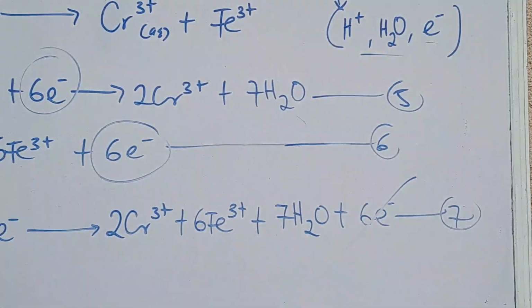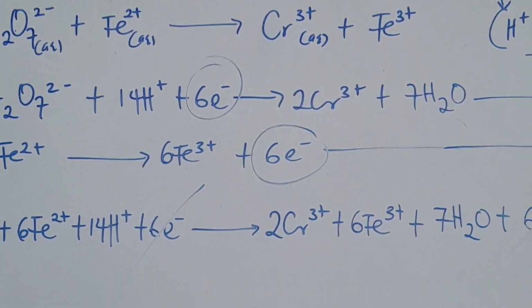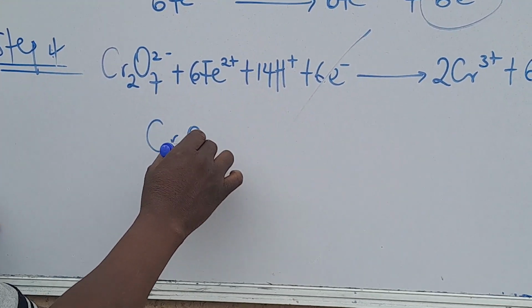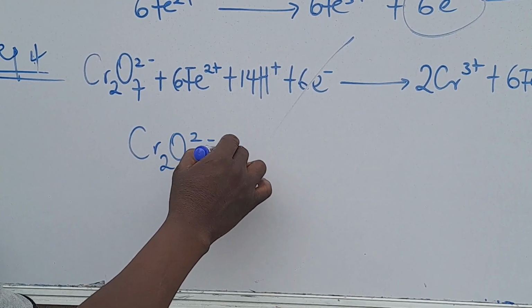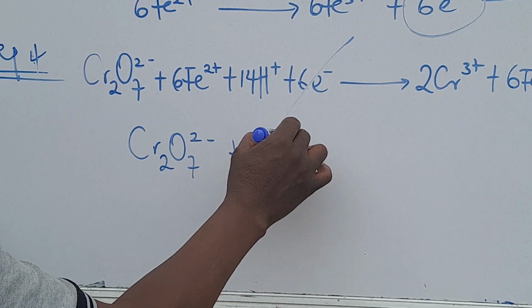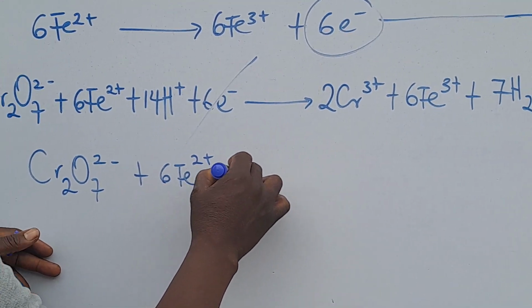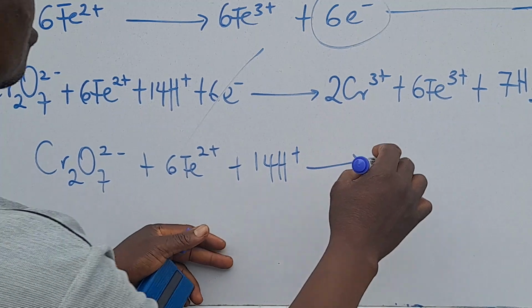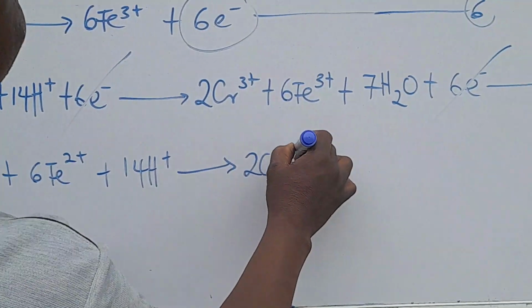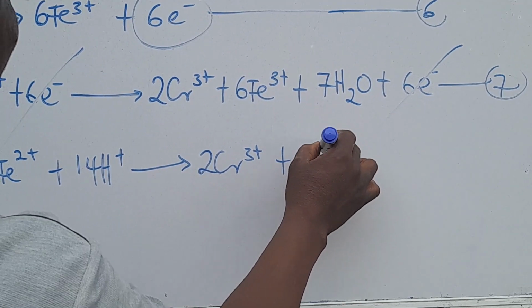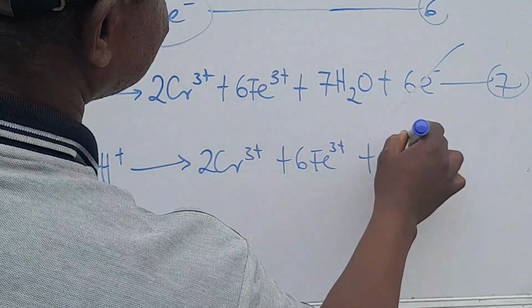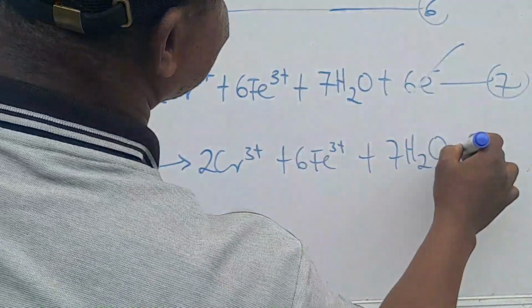So I can eliminate my electrons since they are equal. So let's get what we have: Cr2O7 2- plus 6Fe2+ plus 14 hydrogen ions to give me 2Cr3+ plus 6Fe3+ plus 7H2O, equation 8.